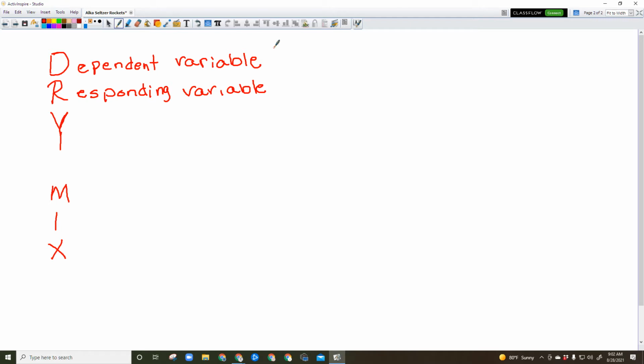We're going to skip the Y for now. The responding variable, the dependent variable, responds to a change that was made in experimentation.